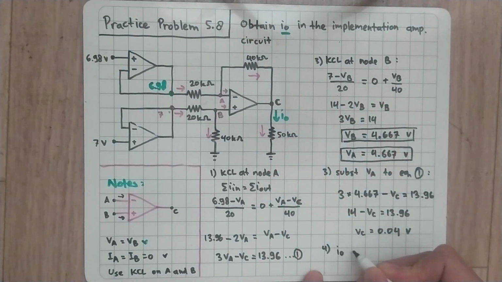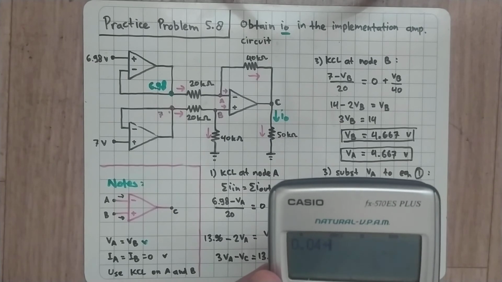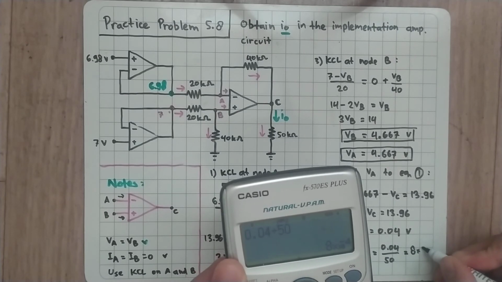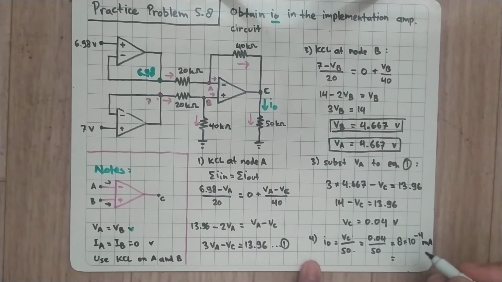So I will have I0 is equal to VC divided by 50 kilo ohm, and VC is 0.04 divided by 50, and that will be 8 multiplied by 10 to the minus 4, and the unit, because this is volt and this is kilo ohm, so I will have milliampere, or we can convert this into microampere by multiplying it by 1000, so I will have 0.8 microampere. So this is I0.